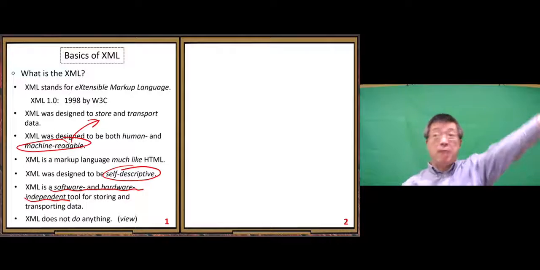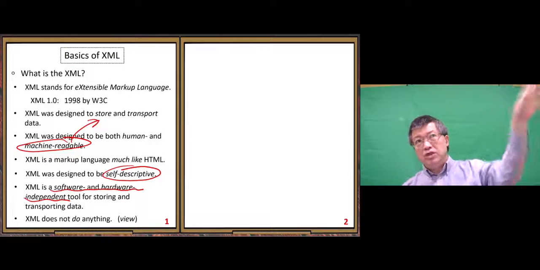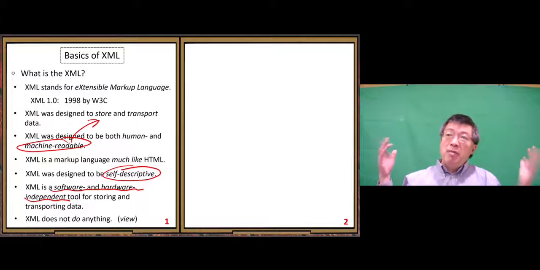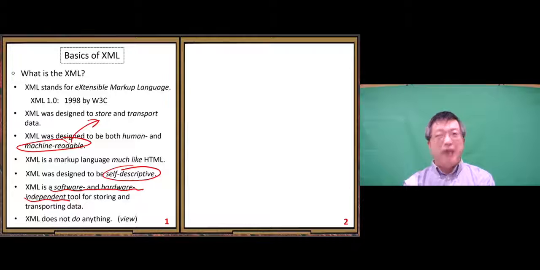The web browser is an application software. XML does not target any software application. So that's the meaning. I feel the person who said this the first time means that.